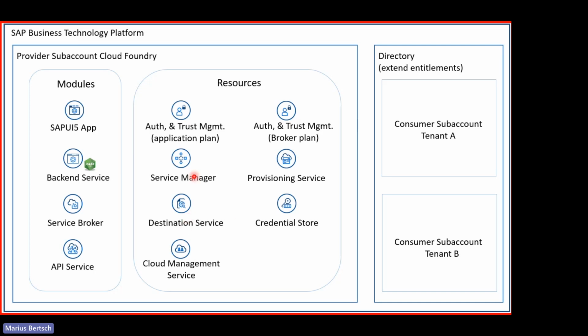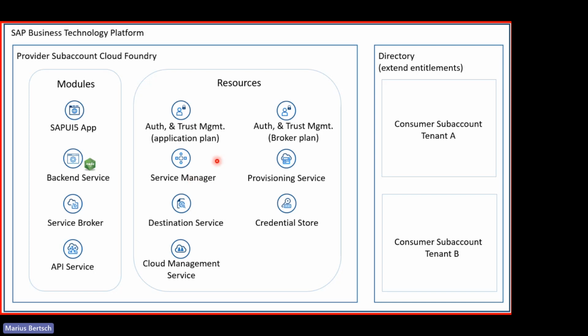The destination service provides us various destinations. One destination we need to call the account service to create the sub-accounts. And the other destination is to call the Cloud Foundry API for the route management, to create the routes or delete the routes.